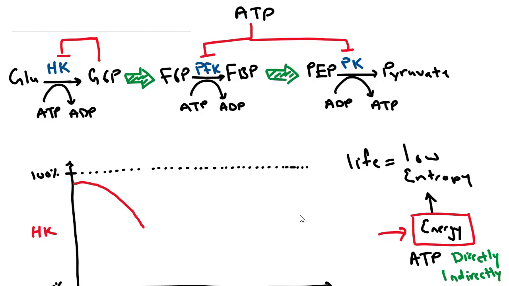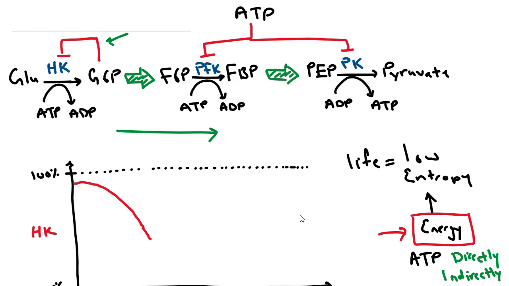So as the activity of hexokinase goes down and glucose 6-phosphate levels are sort of stabilizing, the glucose 6-phosphate is then going to be used by the rest of glycolysis, right, going in this direction. And glucose 6-phosphate concentration starts to go down, but if glucose 6-phosphate concentrations start to go down, the inhibition that we see here starts to be lifted slowly.